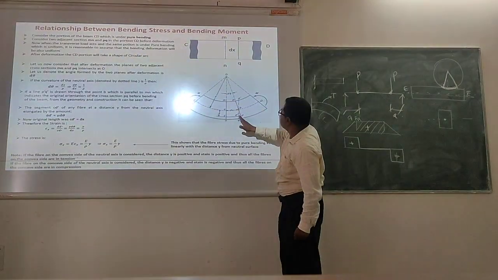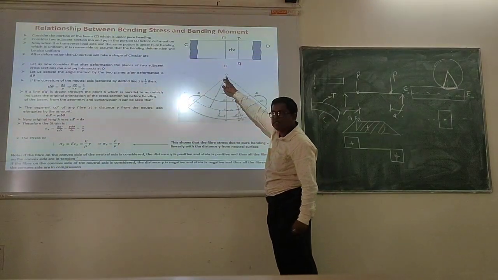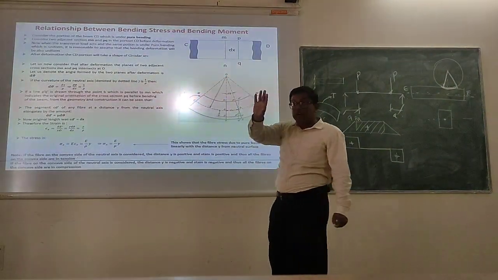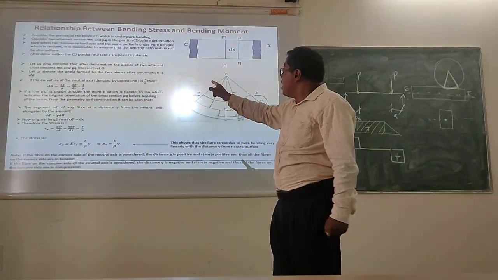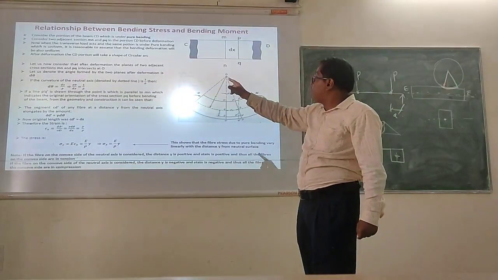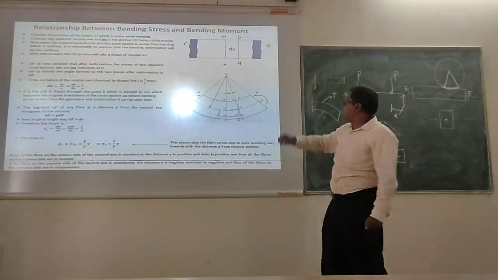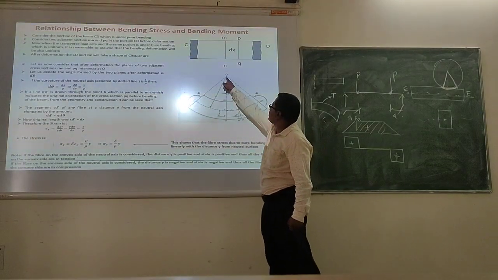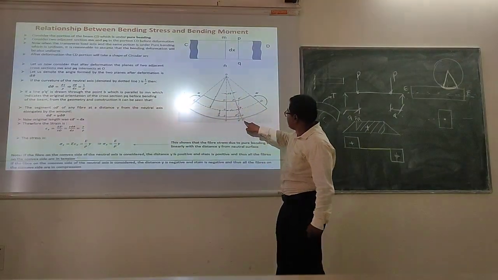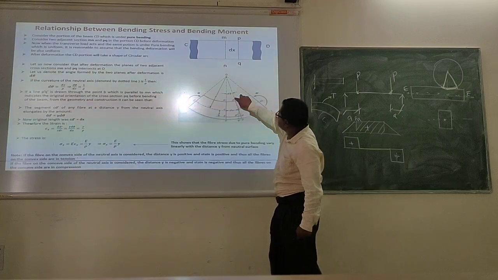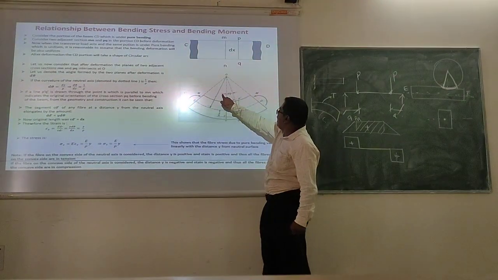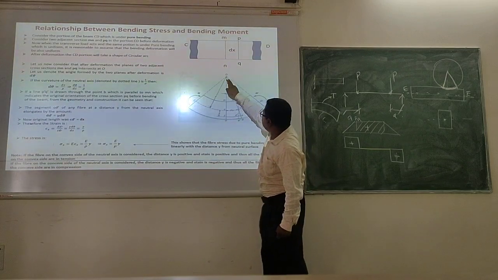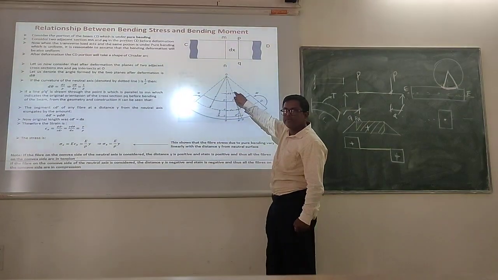These are attached at a point O. Clear? Simple geometry. Let us denote the angle formed by the two planes after deformation as d theta. This is your MN which is getting extended to O, this is your PQ which is getting extended to O, and the angle between this line and this line is d theta. Got it?